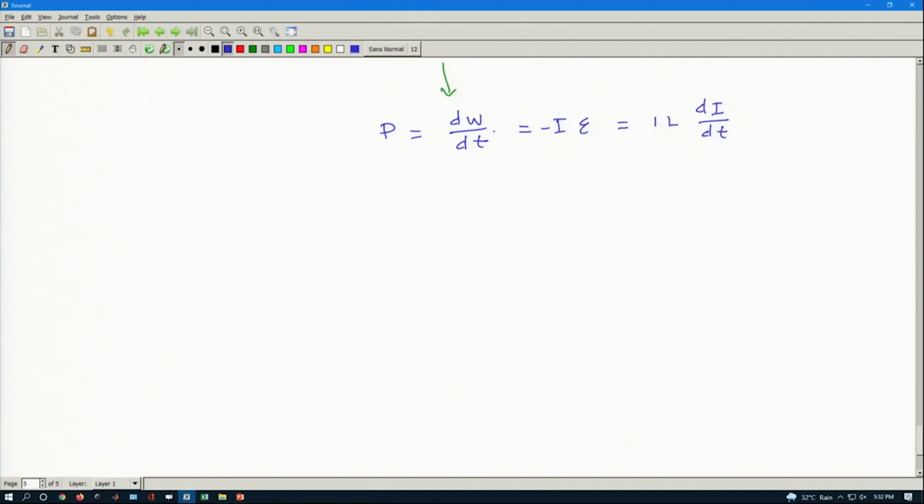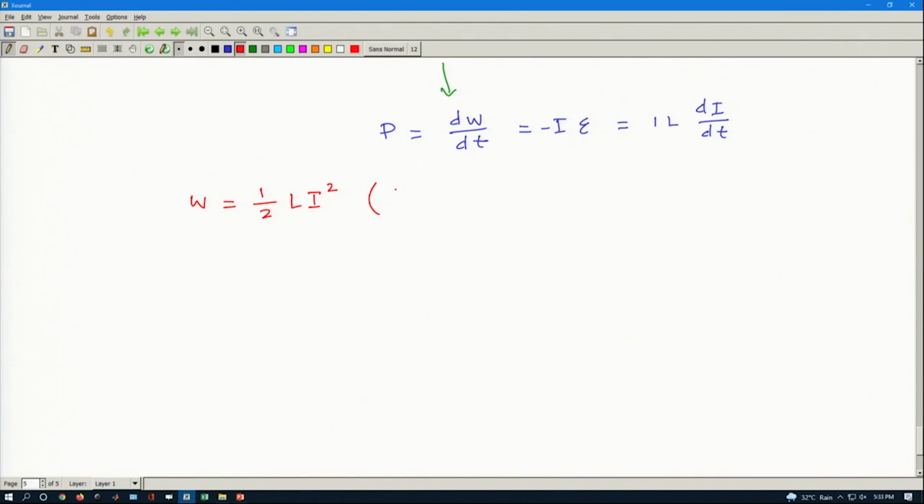You can see that W, the amount of work done, is simply half of, if I integrate this with respect to t, half L I squared. So, this is the amount of energy that is eventually stored in the inductor.